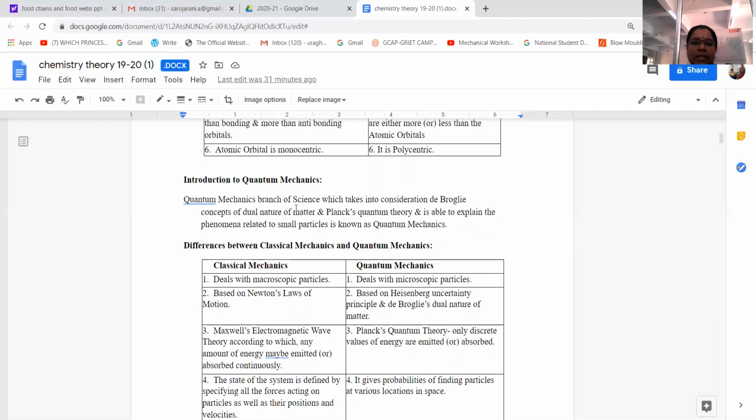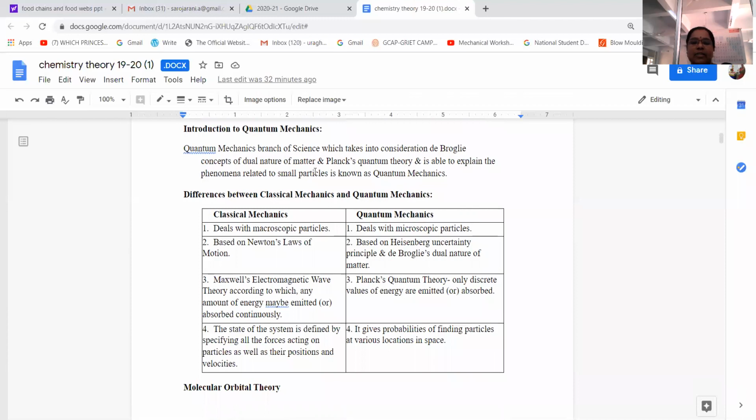Quantum mechanics is a branch of science which takes into consideration de Broglie's concept of dual nature of matter. What is de Broglie's concept? It behaves both like a particle and a wave, hence it is called dual nature. Next, Planck's quantum theory, E is equal to h nu, which is able to explain the phenomena related to small particles, is known as quantum mechanics.